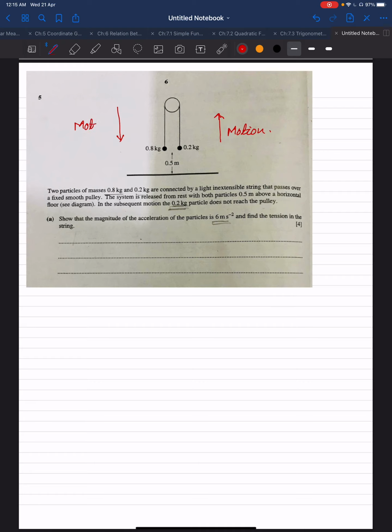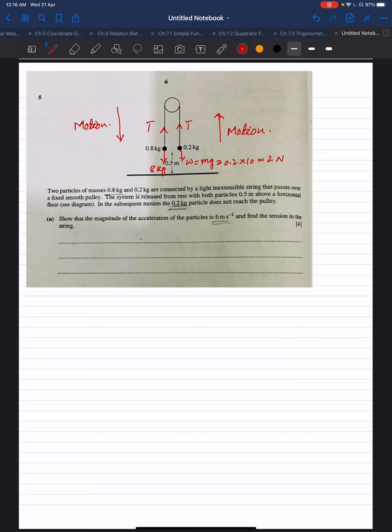The tension in the cable will pull the lighter one upwards, and the weight, mg, which is 0.2 into 10, equal to 2 Newton, will work in the opposite direction. In this case, as the heavier one is moving downwards, its weight is directed this way. This is 8 kg, and the tension is working to this side.